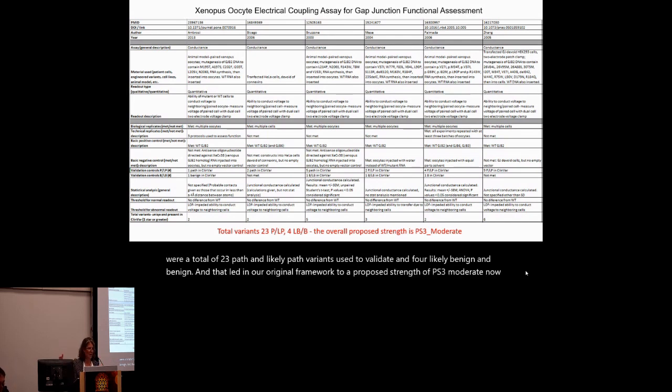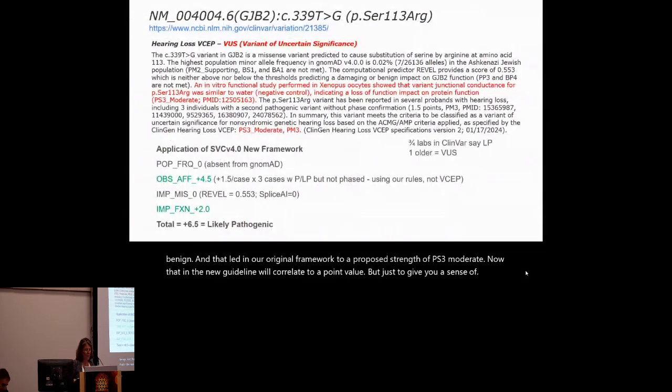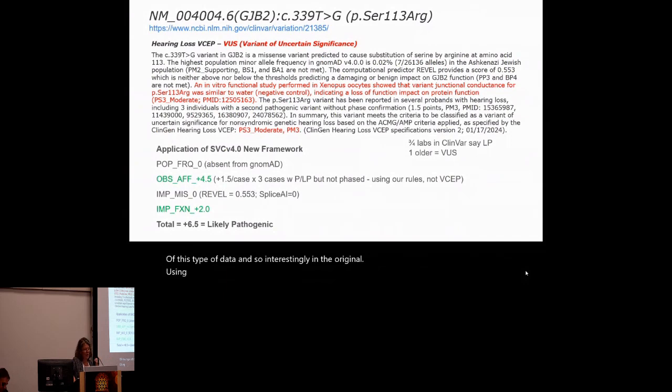Now in the new guideline that will correlate to a point value, but just to give you a sense of this type of data. Interestingly, in the original, using the 2015 guidelines specified for the hearing loss group, that in vitro functional data was scored as moderate, but the case observations gave very little evidence.